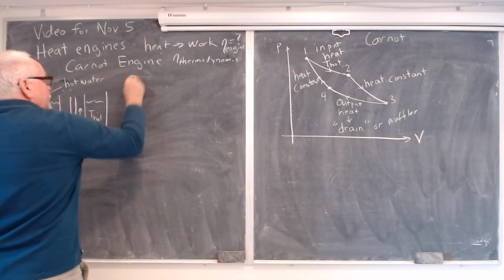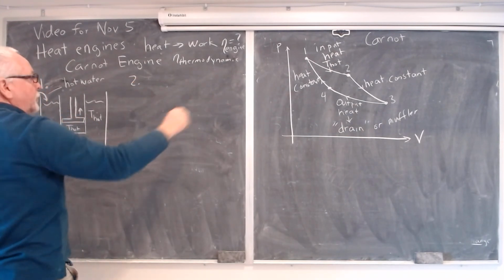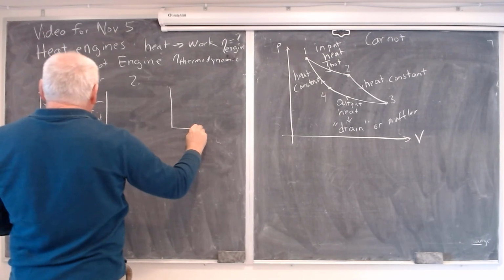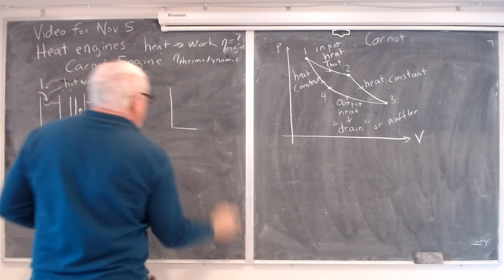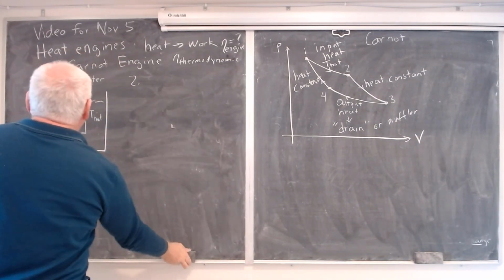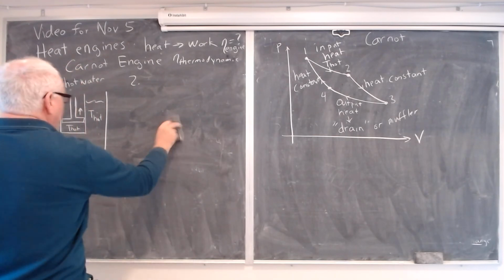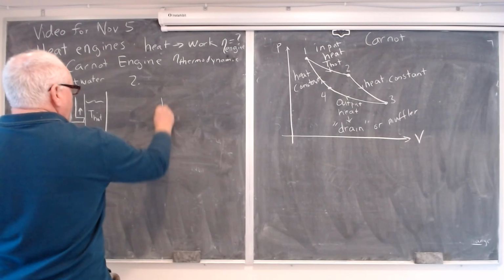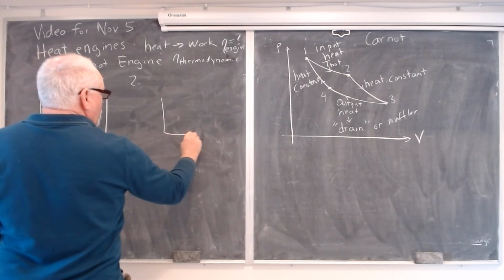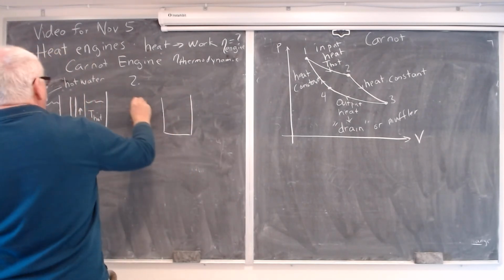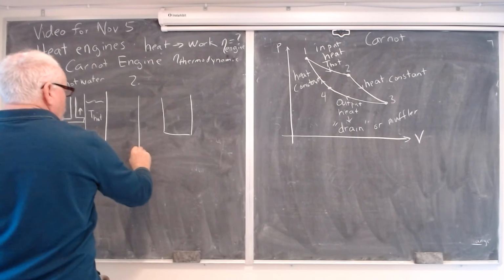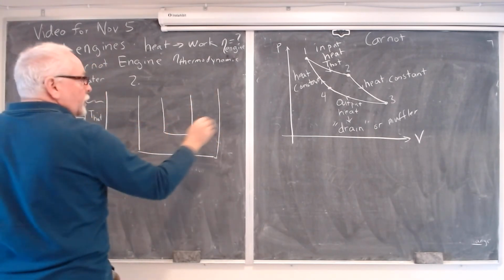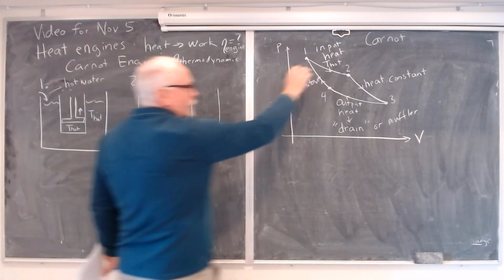And then at point 2, let's draw our piston and cylinder. Let me try to keep them in the same positions so it looks nice here. Now look what's happening on the curve.